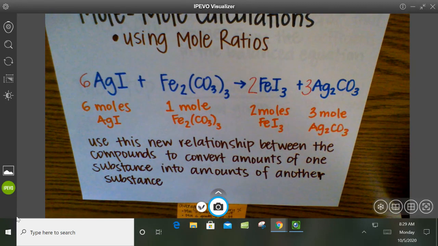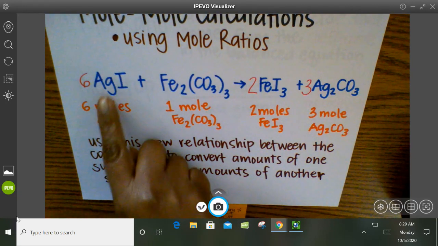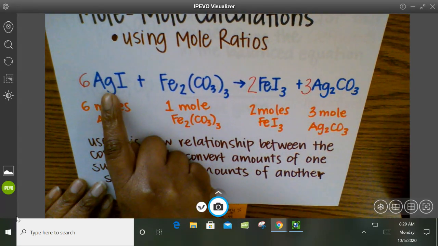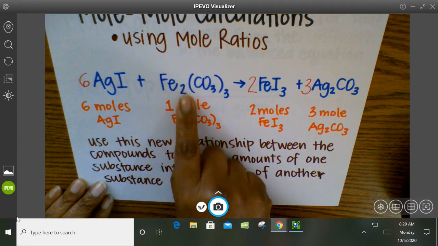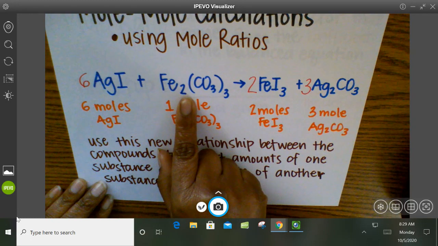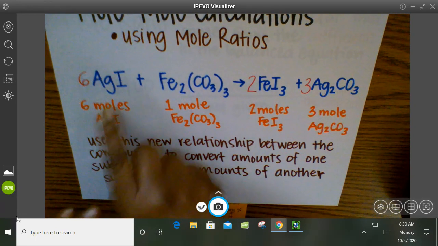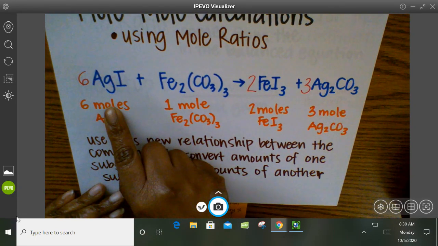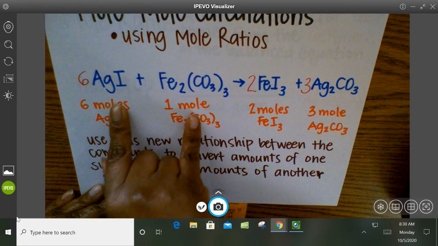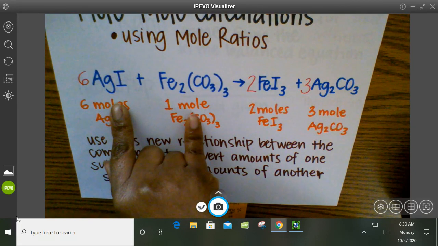This new relationship between the compounds is what we can use to convert from moles of one substance to moles of another substance. If I know that the relationship is 6 moles of silver iodide are needed for every 1 mole of iron 3 carbonate, I could manipulate that relationship to find, what if I have 12 moles of silver iodide? How many moles of iron 3 carbonate will I need?